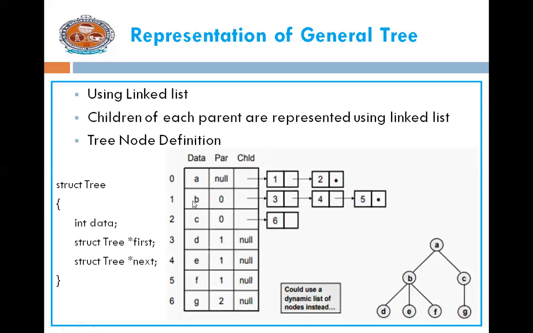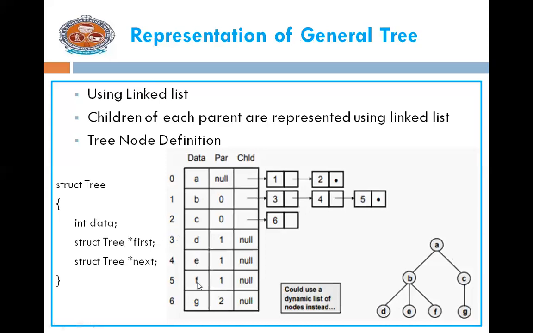Next, for B, the parent of B is what? A. What is the node number of A? It is 0. That's why the parent of B is represented as 0. The node number is 0. And next, what are we doing? Now, the children of B are what? D, E, F. What are the numbers of D, E, F?